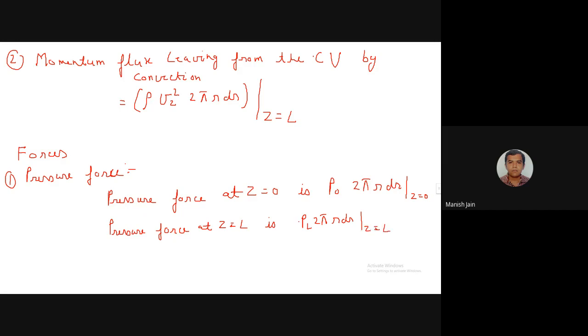PL is in the negative direction, P naught is in the positive direction.